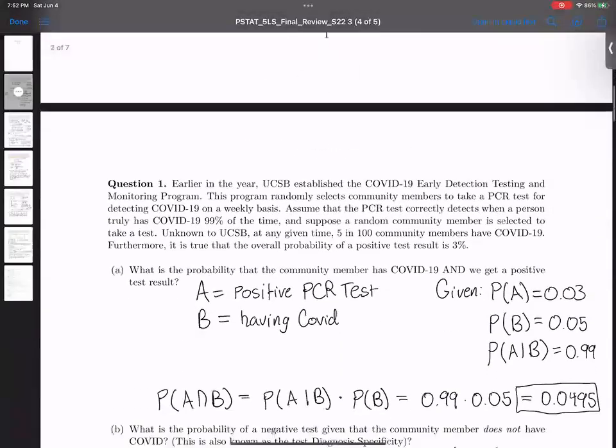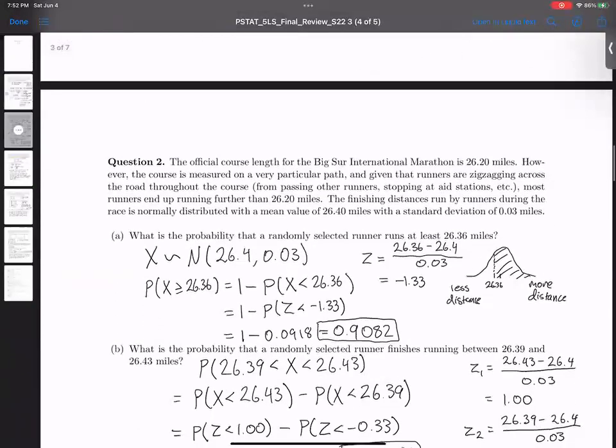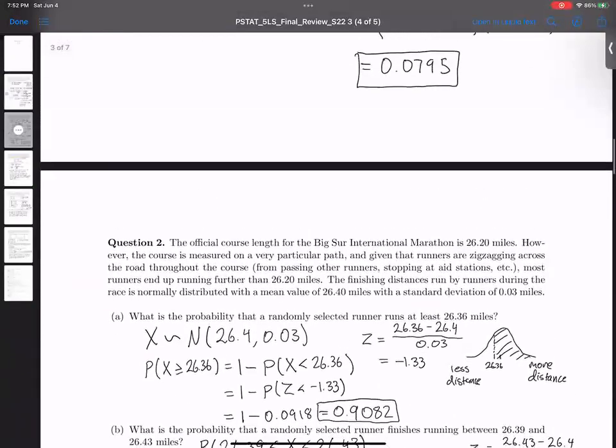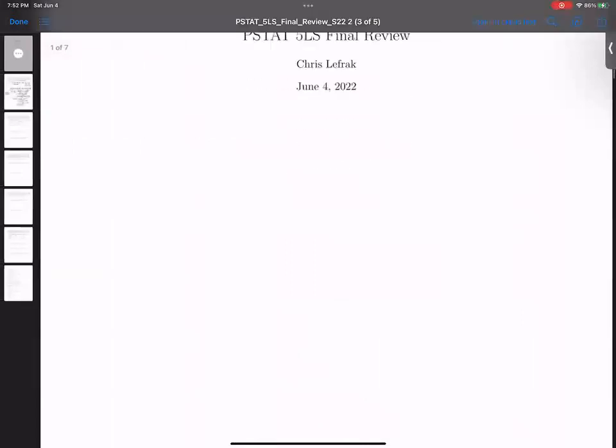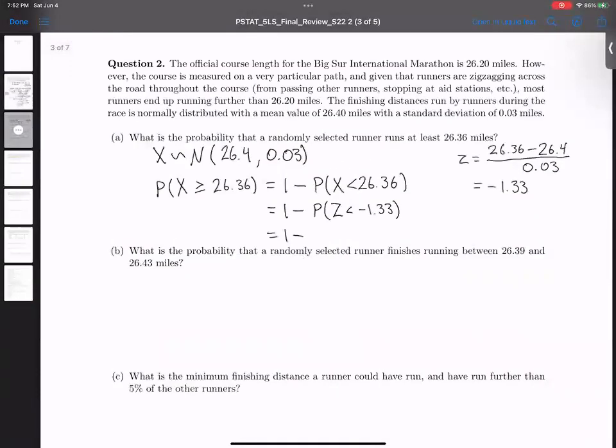So let's look at what it would be. 0.0918, which then is equal to, I didn't even look at the last bit, 0.9082.